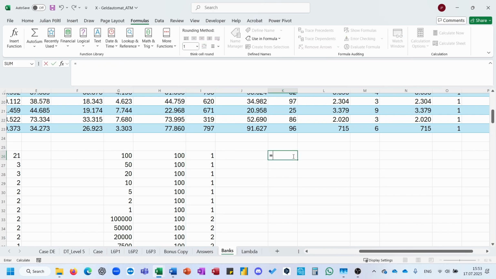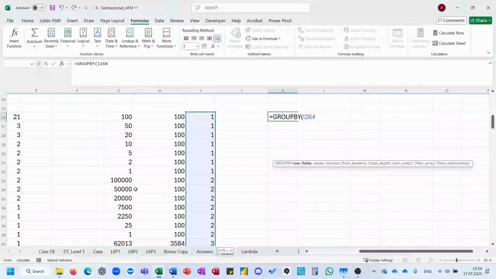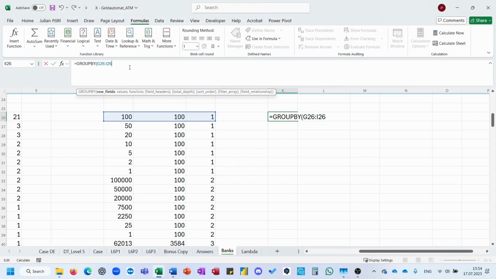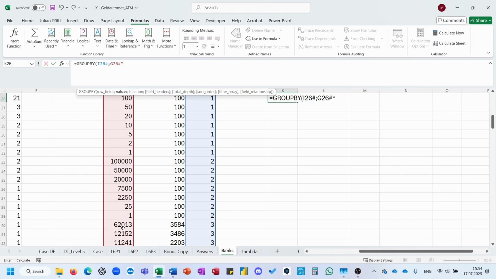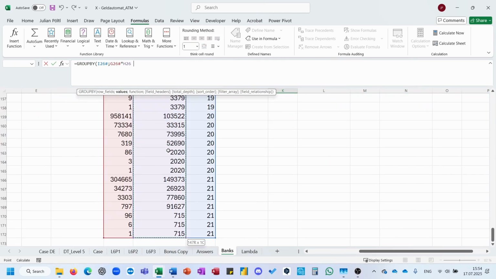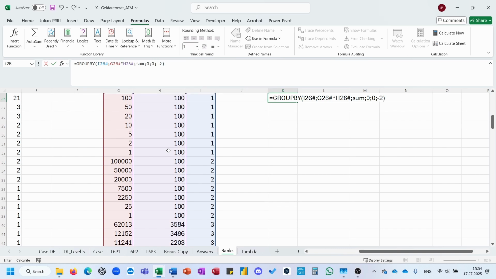And now we group by the bank, and our values is a multiplication. And since we have dynamic arrays, we can do this. And then we want to have the sum, no headers, no totals, sort order -2.